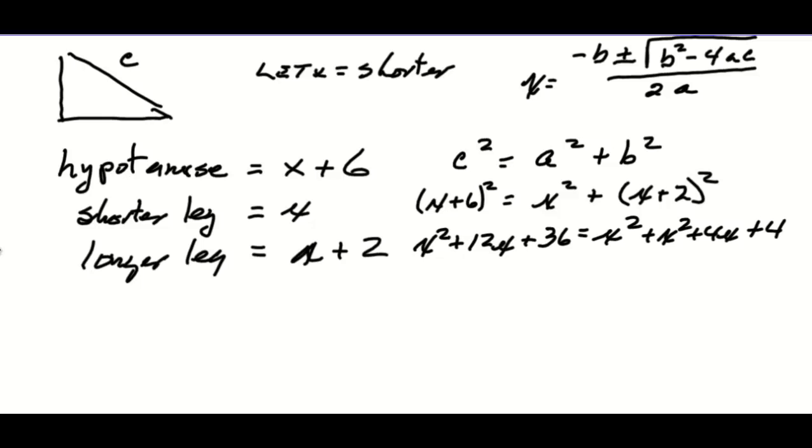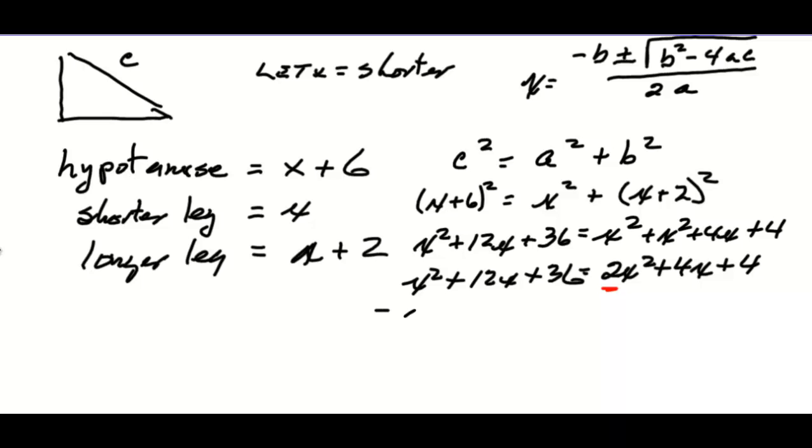Now what we have is x squared plus 12x plus 36 equals 2x squared plus 4x plus 4. And since the larger value of the x squared term is over here on the right, what we're going to do to set everything equal to 0 is just subtract everything out.